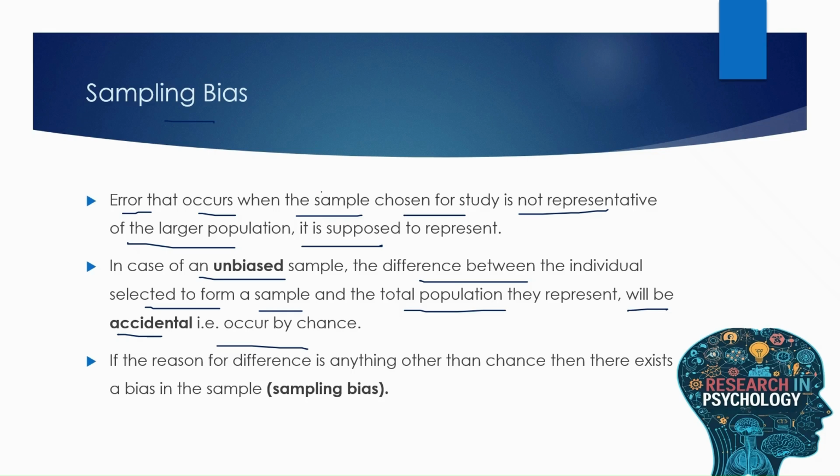All right. If the reason for the difference is anything other than chance, then there exists a bias in the sample. So if the difference is not due to random chance, then a sampling bias has happened. The researcher has not gone for probability sampling.